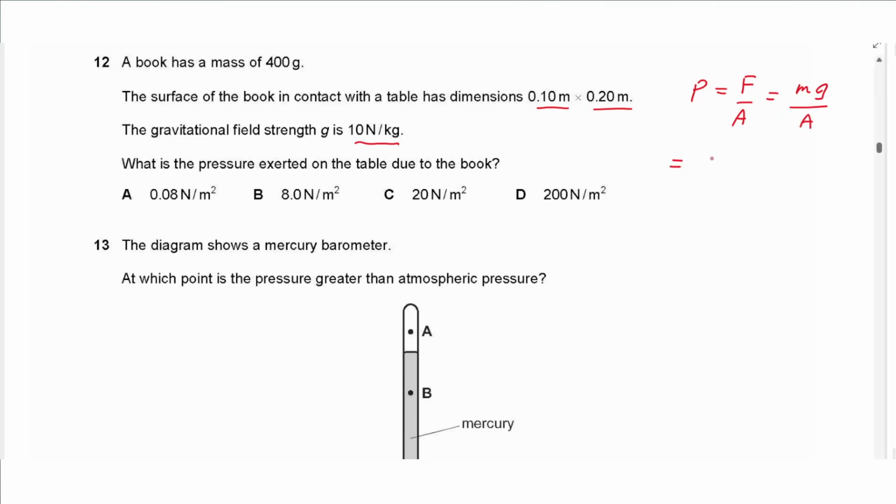To calculate the weight, we need to convert from grams into kilograms. That's dividing by 1000, so 0.400 instead of 400, times g, 10 in this case, over the area 0.10 multiplied by 0.20. That gives an answer of 200 pascals, or 200 newtons per meter squared, so the answer is D.